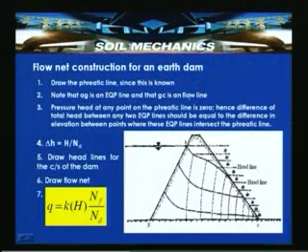So, it is easy to construct a flow net in case of flow of water through unconfined seepage conditions, an example of which is earthen dams. In this case, draw the phreatic line, since this is known to us by the constructions and methodologies discussed, and here we should note that AG is an equipotential line. Suppose there is a tailwater level here, then this again happens to be an equipotential line, and the pressure head at any point on the phreatic line is 0, hence the difference of the total head at any two equipotential lines should be equal to the difference in elevation between where these equipotential lines intersect the phreatic line.